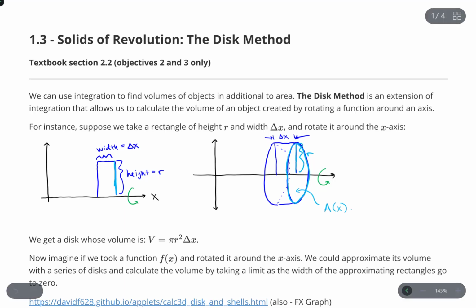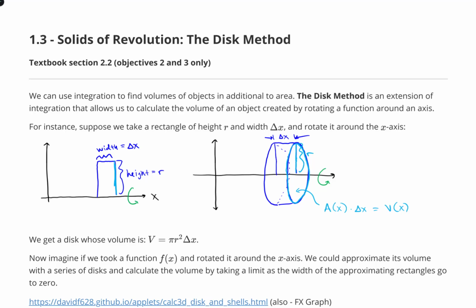If you multiply that by its width, so this is no longer just the height, it's a surface area, when you multiply area times another dimension, you get a volume. So you get the volume of this particular disk.